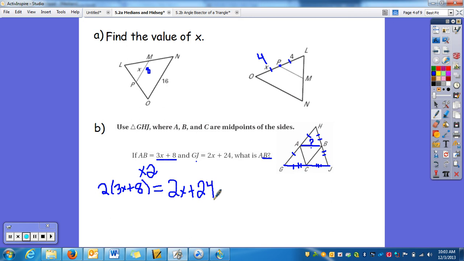All right. So continuing solving that, I can distribute my 2. So I get 6x plus 16 equals 2x plus 24. Then I can move everything to one side. I'm going to do 2 steps at once. I'm going to subtract 2x from both sides, and I'm going to move my 16 to the other side.